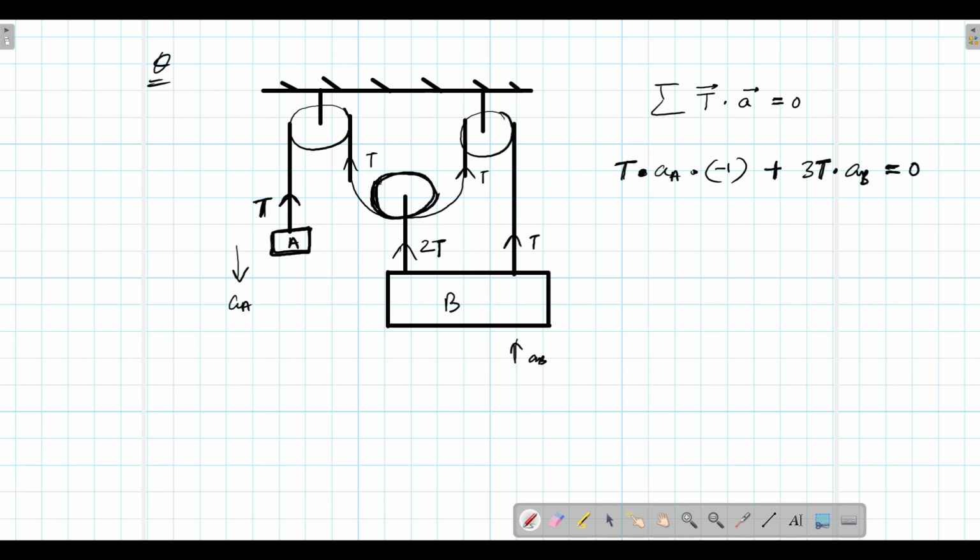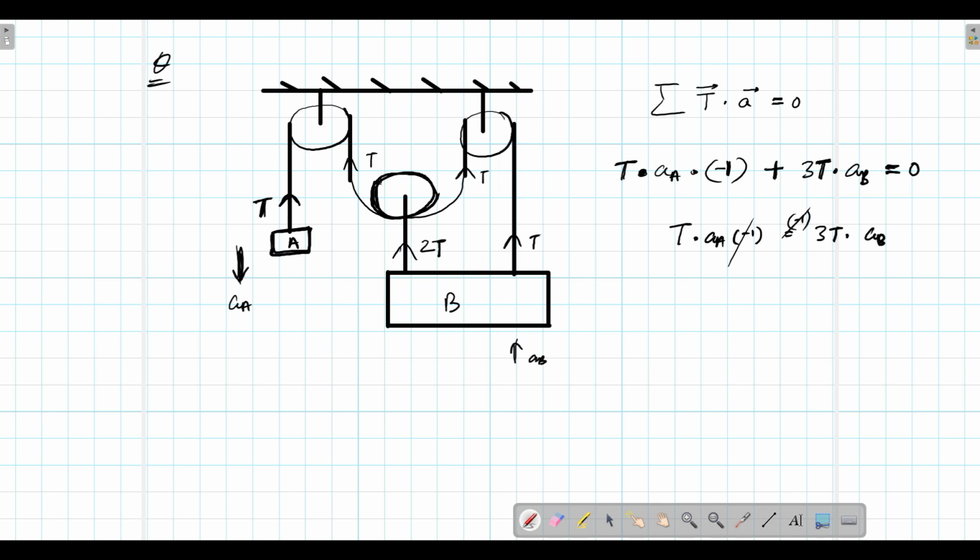T into acceleration A, both are oppositely directed, so this is negative. 3T into acceleration of B, both are similarly directed.